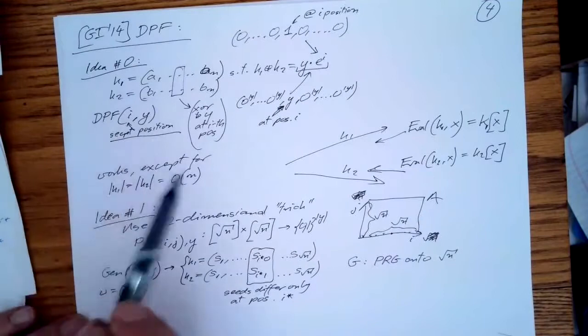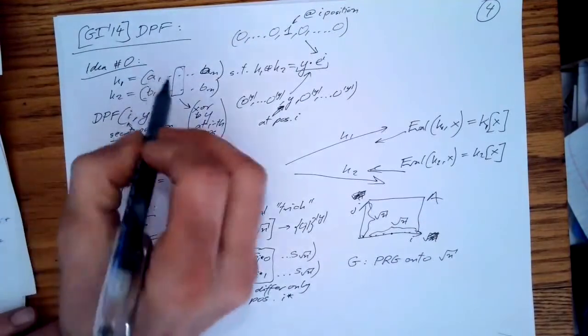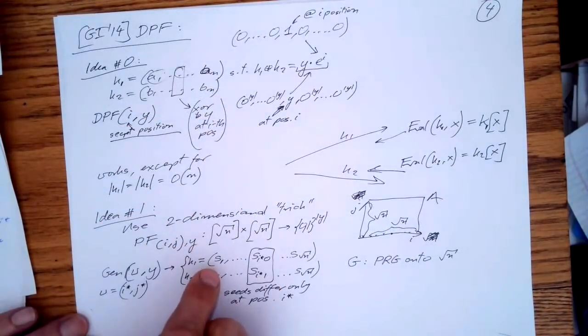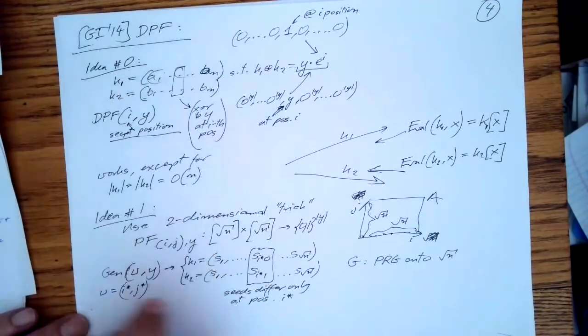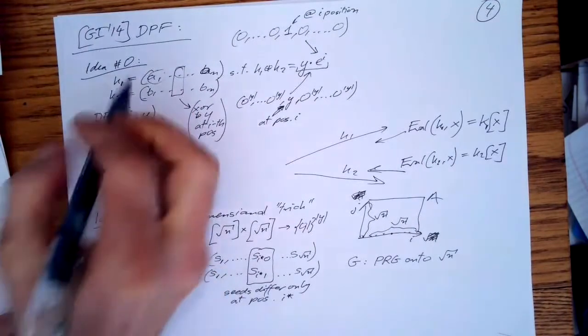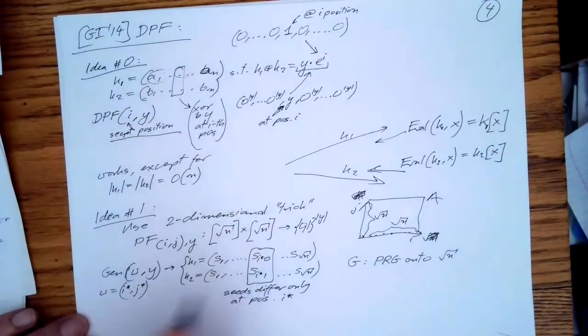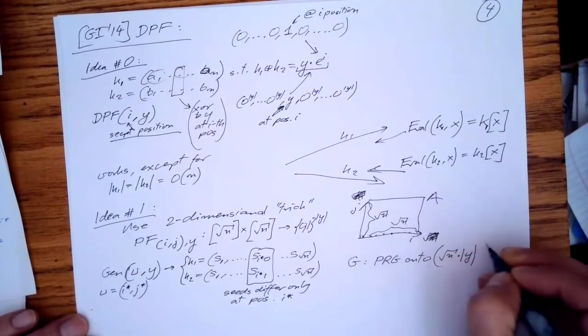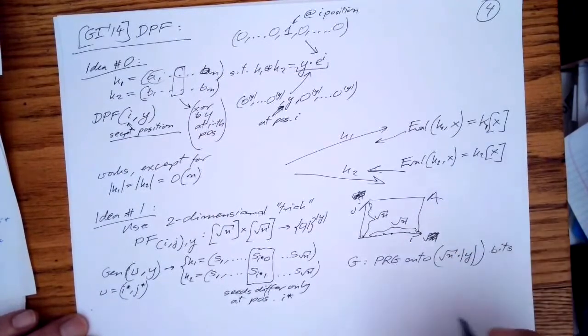So this solution chunks them up into square root blocks and condenses them to seeds from which the square root block is going to be regenerated. Okay, that's the whole idea.